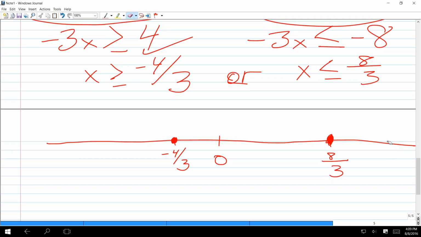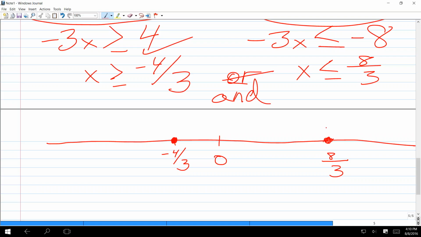Now, how would I graph that? You would just connect the dots. Yeah, it's that area in there. But now change that or to an and instead of an or.